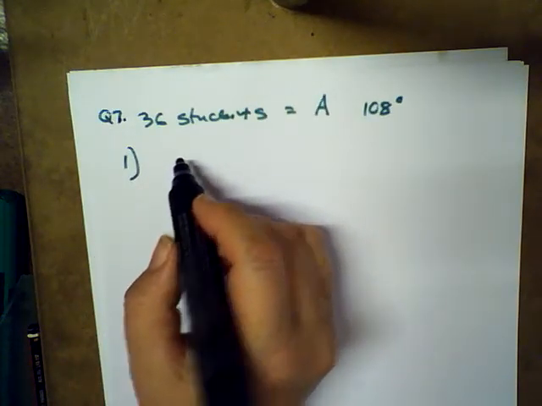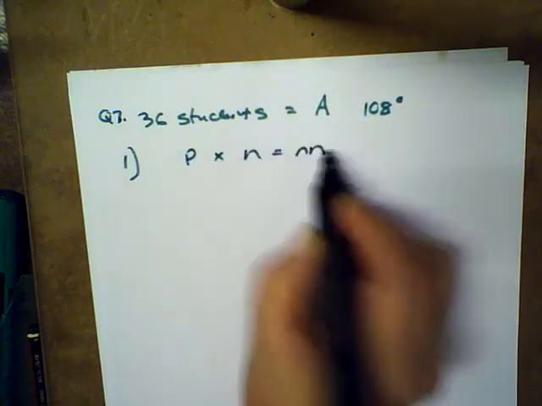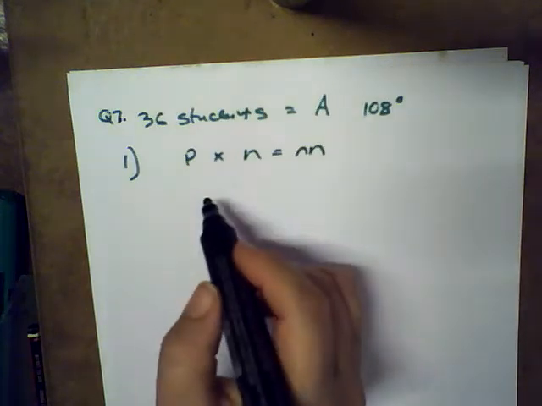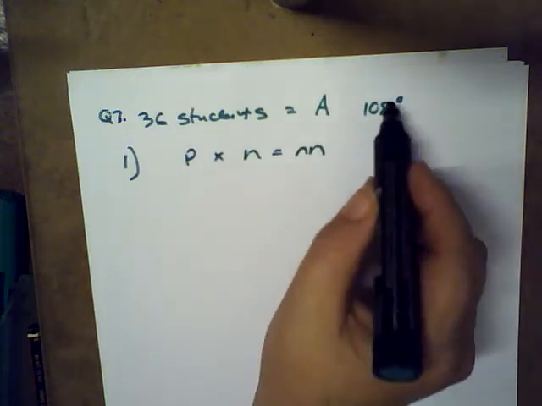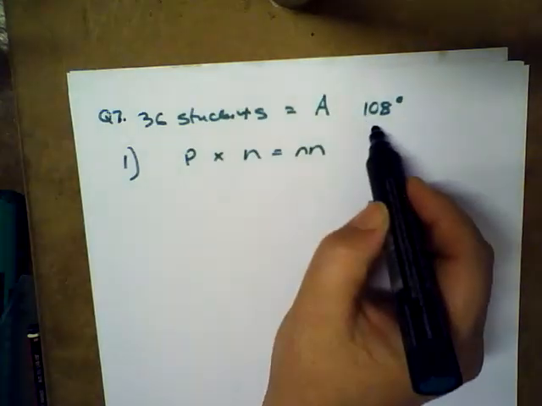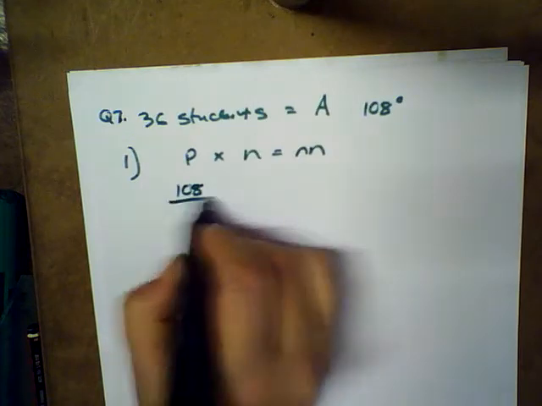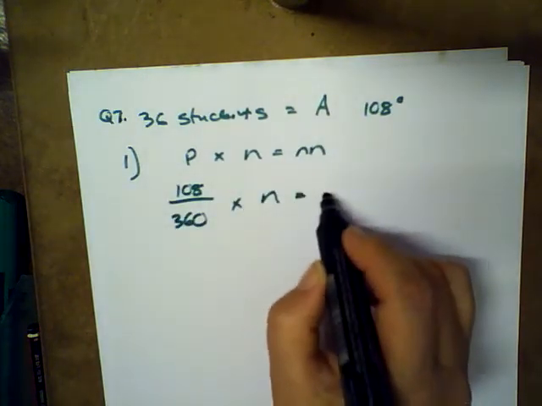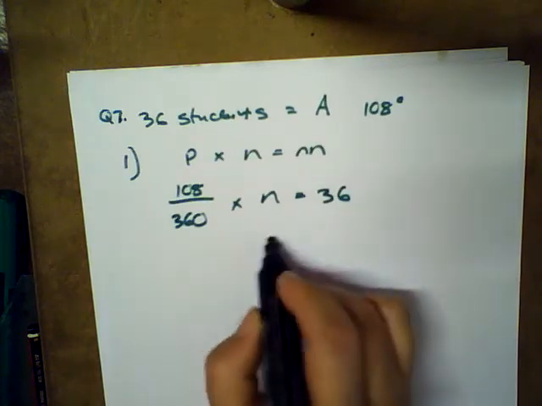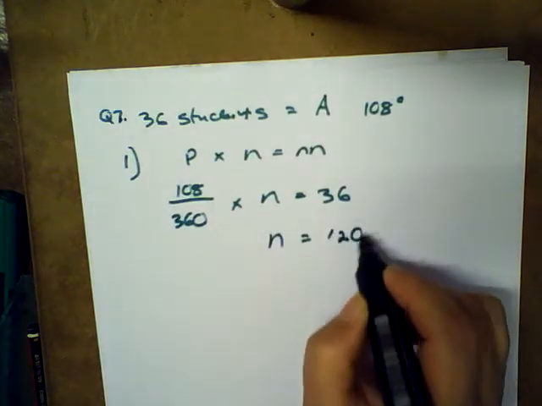We know that a percentage of a number equals another number, and a degree measurement of a number is also equal to another number. So 108 over 360 of a number would give us 36, and if I simplify it, I will get 120 students.